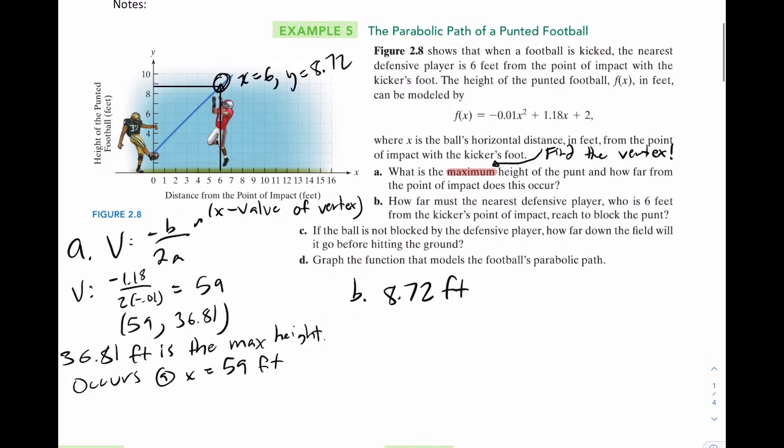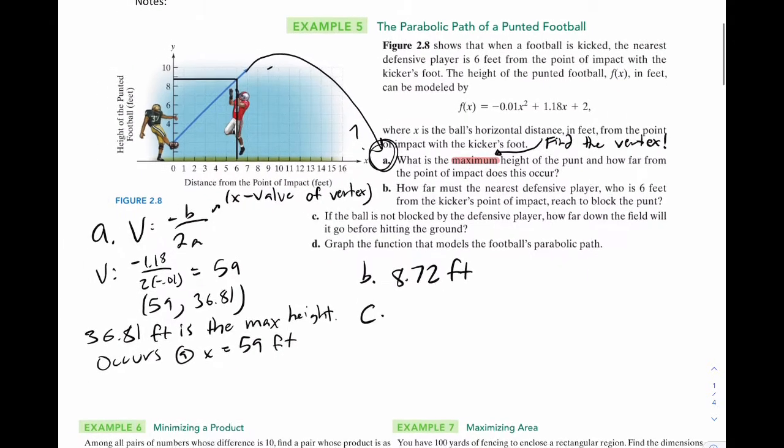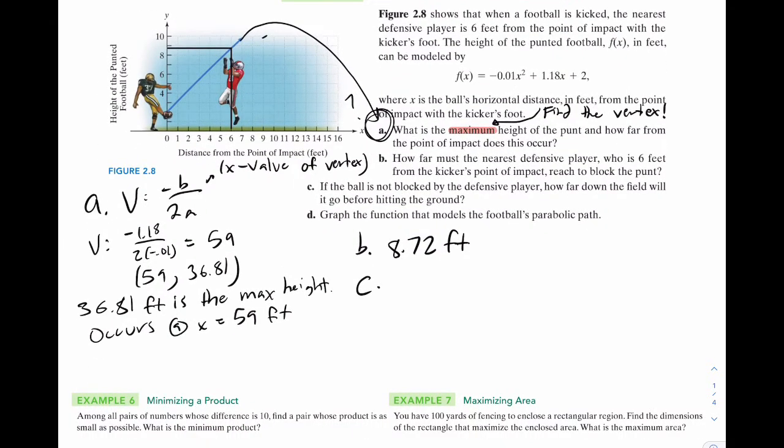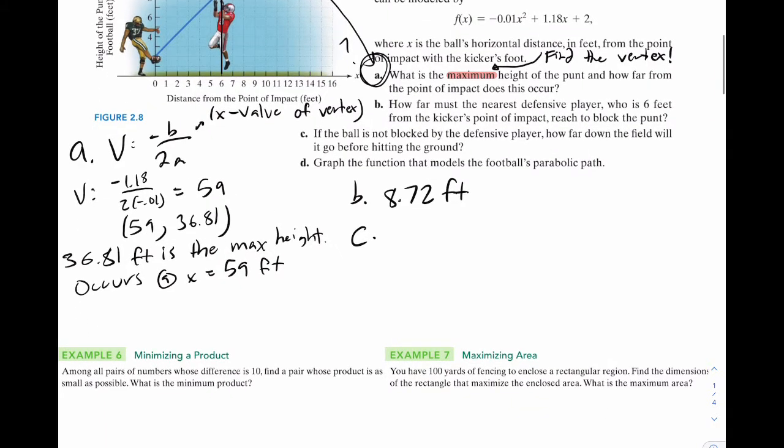Okay, part C. If the ball is not blocked, how far down the field will it go before hitting the ground? So that's kind of like saying, imagine this thing keeps going. Where does it hit over here? So that's an x-intercept. And for part D, it says graph, so I'll kind of combine it together.